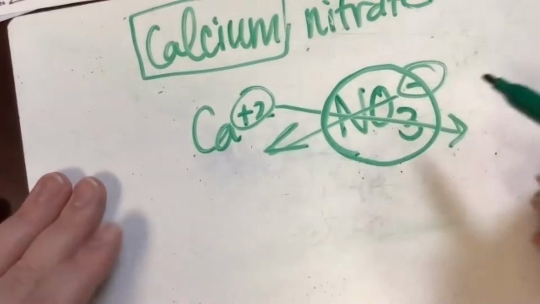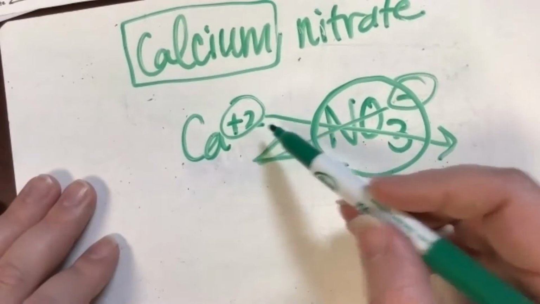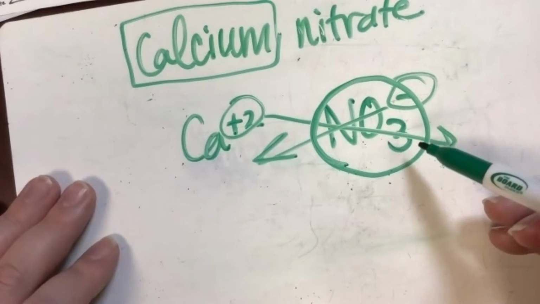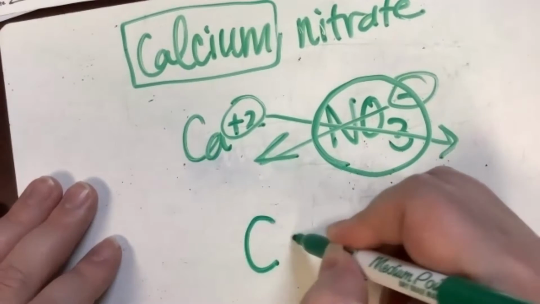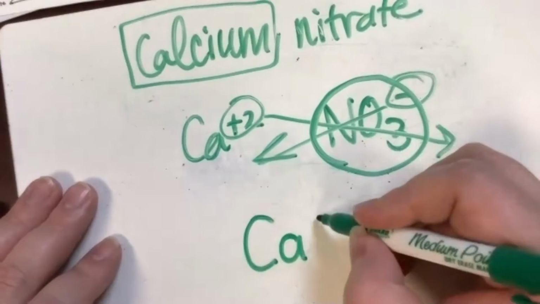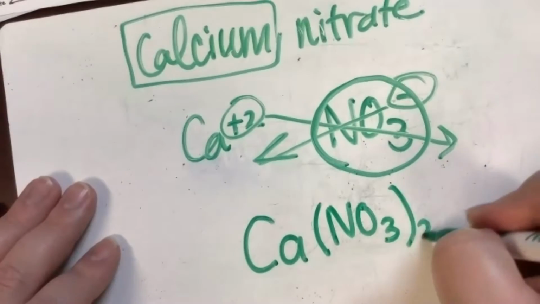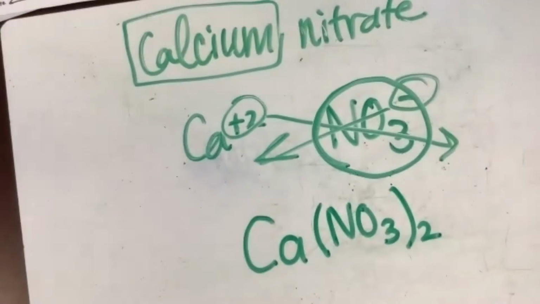So let's see if we meet both of those. Is this polyatomic? Yes, it is. Is this charge going on it greater than 1? Yes, it is. That means I need parentheses. Now, this is a 1 over here, so I'm not going to write anything when it goes down. But here's the answer. That's the correct answer. Ca parentheses NO3 close parentheses 2.